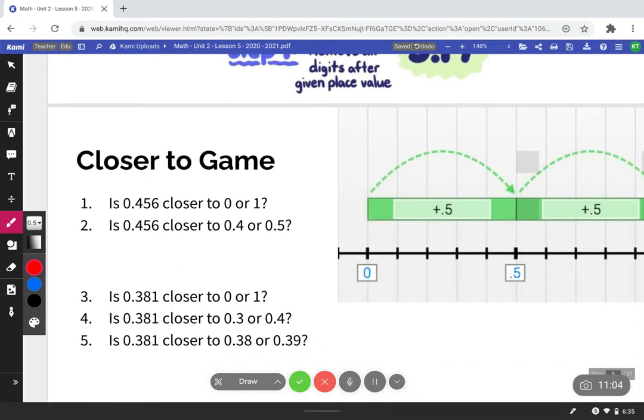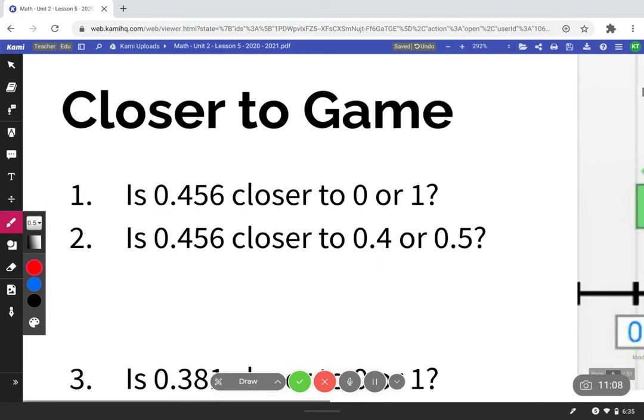All right, we played a game, and it's called the Closer To game. And this is a really good way to practice rounding. So, is 456 thousandths closer to 0 or to 1? Well, 0 and 1 both have the place value of 1.